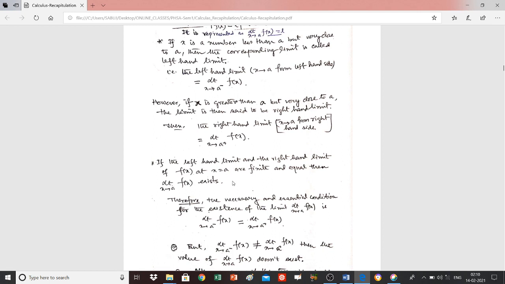So there are two conditions for a given function to have a certain limit.